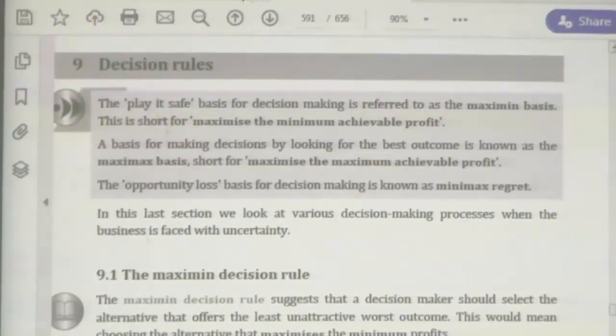In that situation, you have to take your decision using decision rules. If you can assign probabilities, you can use a decision tree. If you cannot assign probability, you will use decision rules. That is the basic classification.